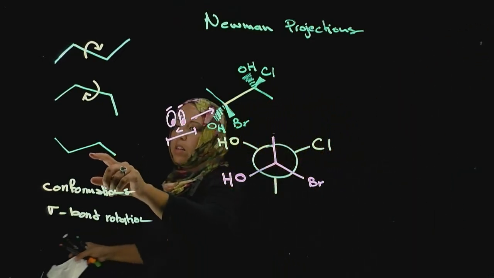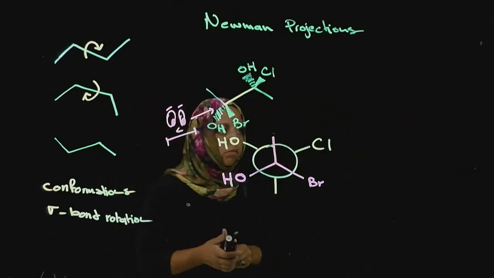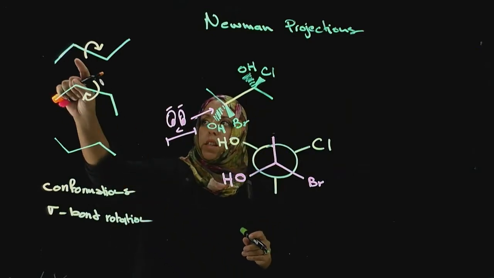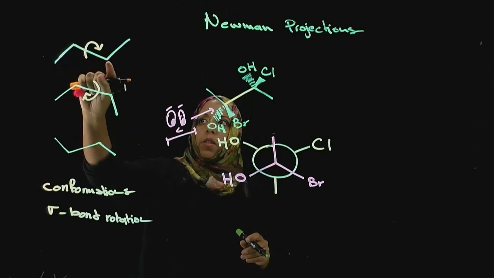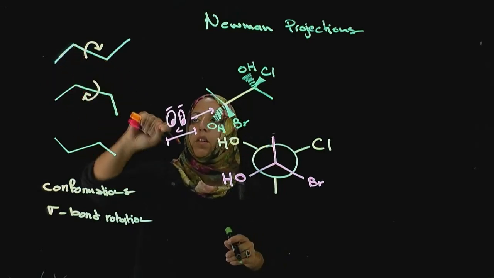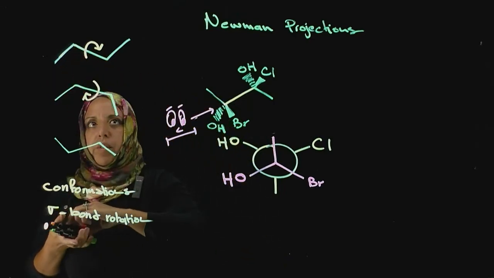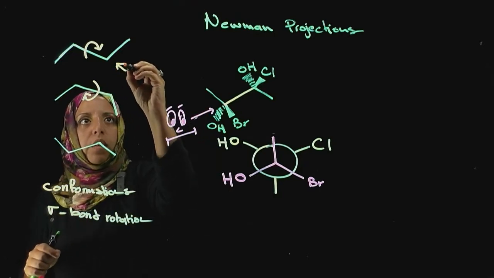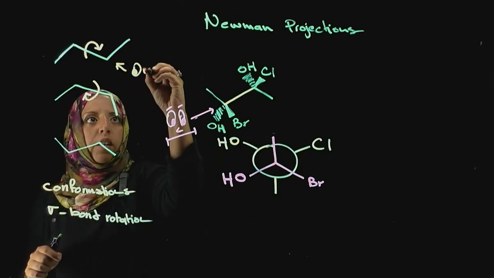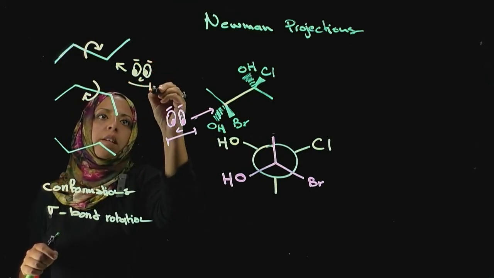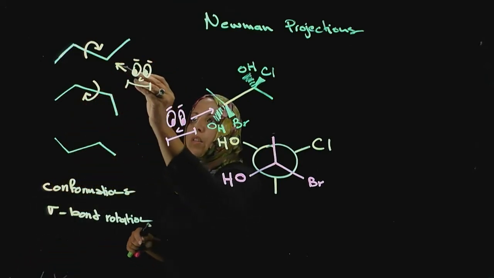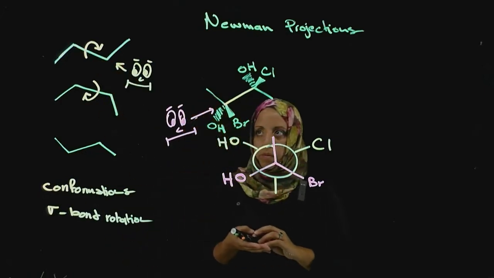We're going to go back and look at butane. Right? So let's take a look at this butane. And suppose we're looking down this carbon-carbon bond, right? Actually, so suppose we're looking at it this way, right? And here's the way we're looking at it. We're looking at it down this carbon-carbon bond.